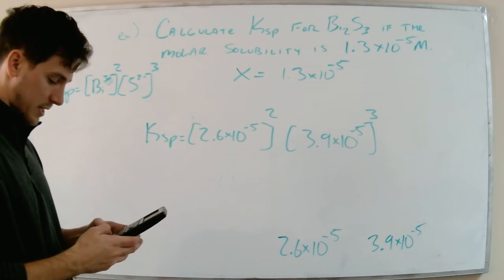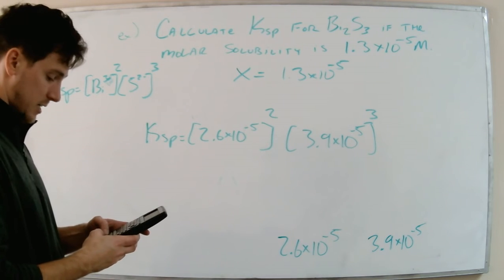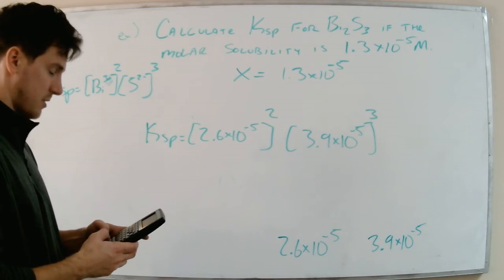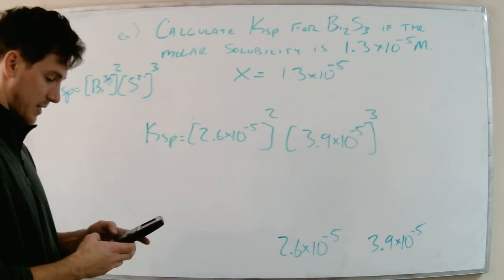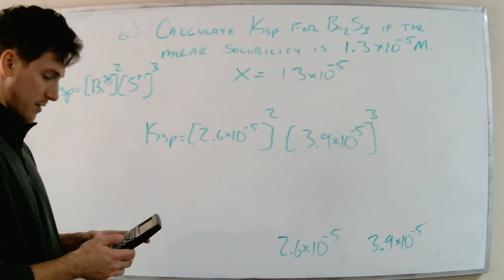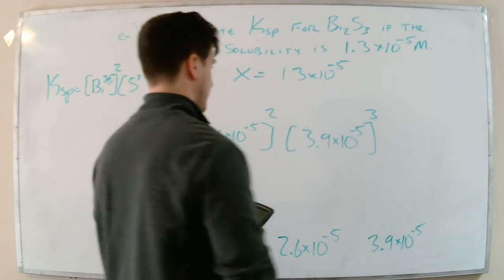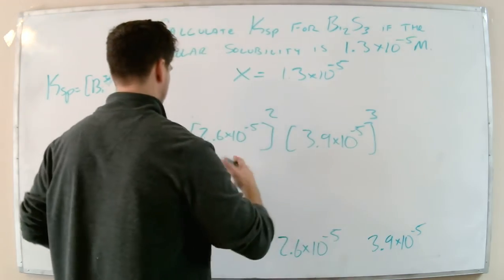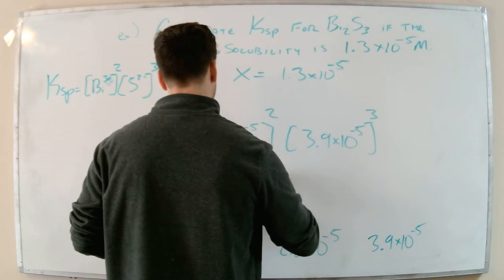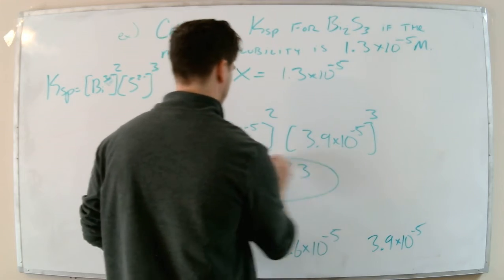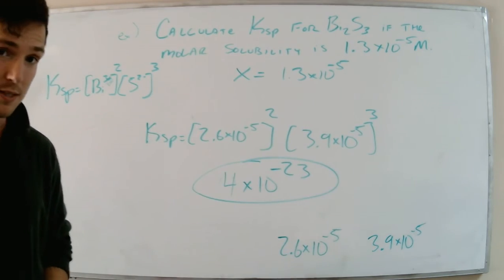So 2.6 times 10 to the negative fifth, to the second, times, this is going to be real small, 3.9 times 10 to the negative fifth, to the third. I got 4 times 10 to the negative 23rd for our Ksp.